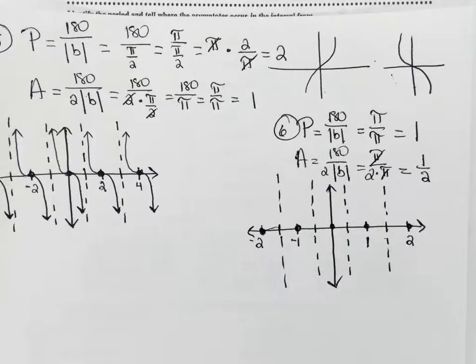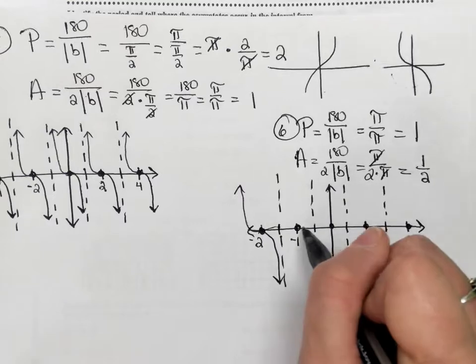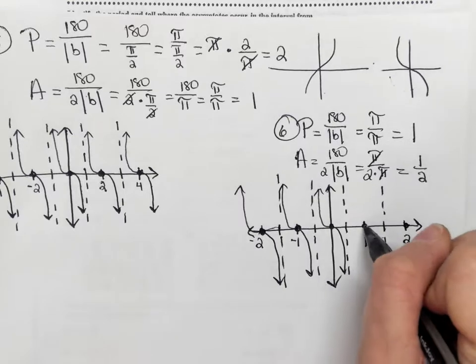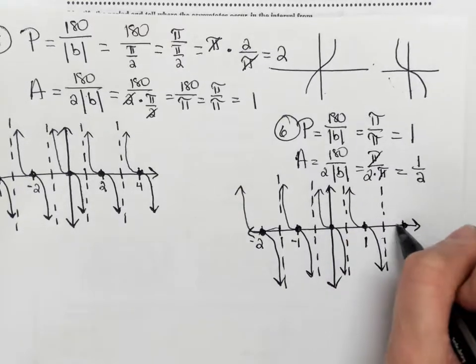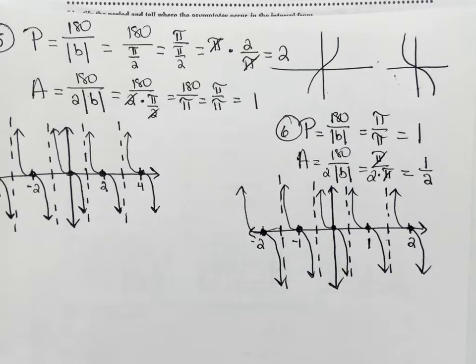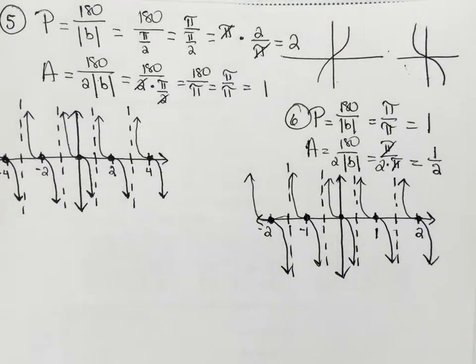Y'all okay? Y'all look like y'all got the hang of this already. All right, so here's what we're going to do. We are going to work on 7 and 8 on our own real quick. So y'all try 7 and 8. And then we'll do one other thing and then we'll call it a day, okay?